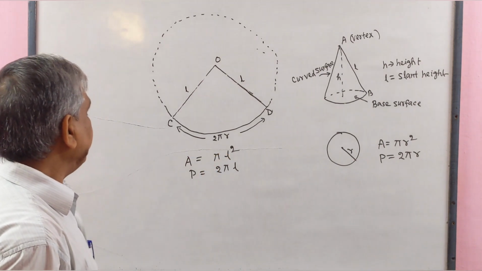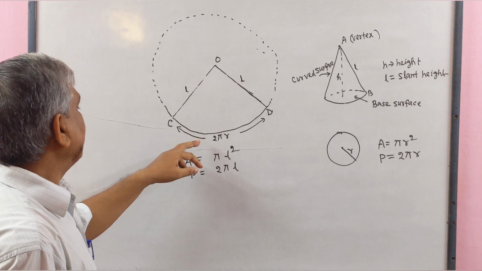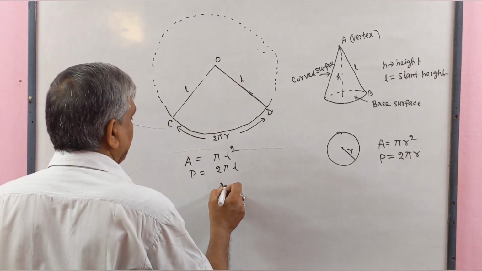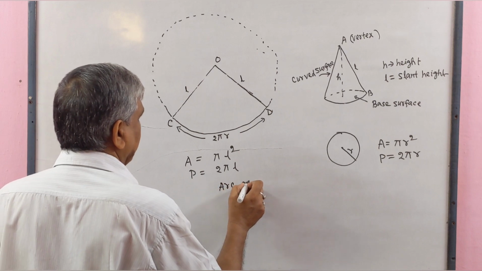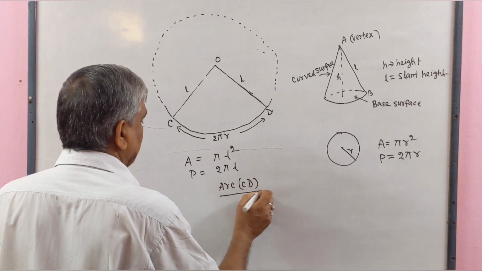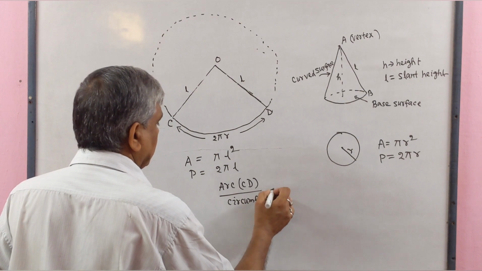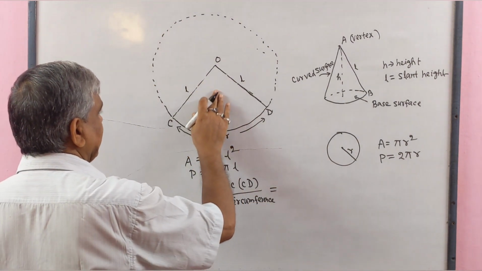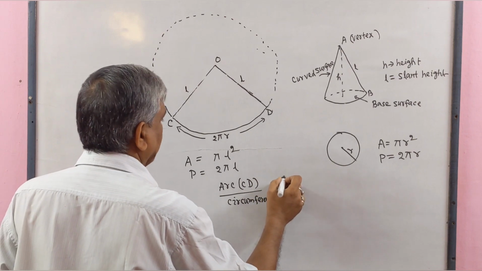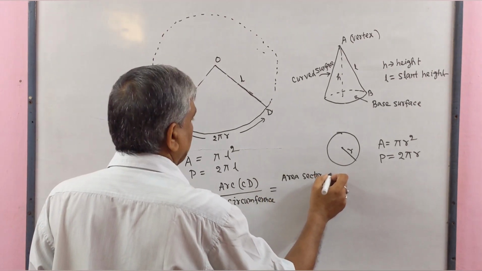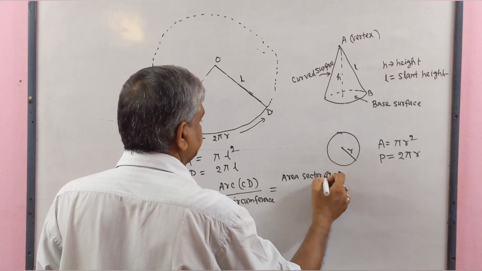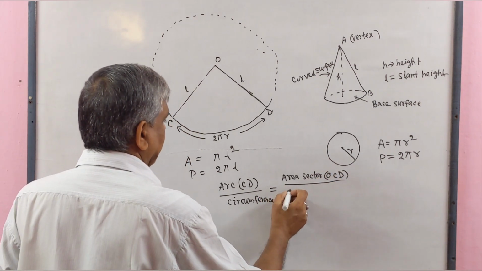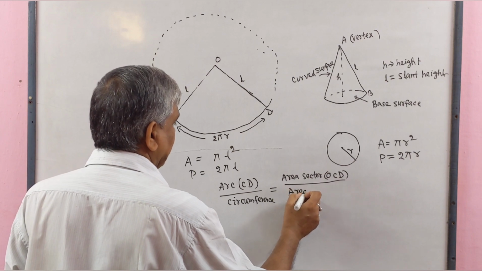So by proportion we may get that arc CD by circumference equals area of the sector OCD by area of the circle.